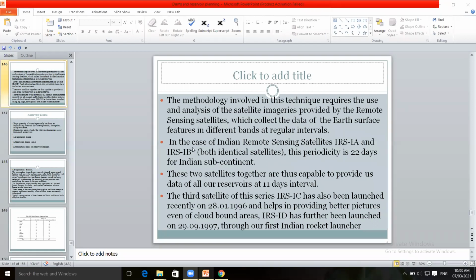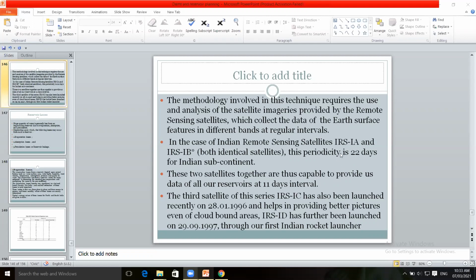In the case of Indian remote sensing satellites, the names of the satellites are IRS-1A and IRS-1B. Both are identical satellites, having a 22-day cycle for the Indian subcontinent.